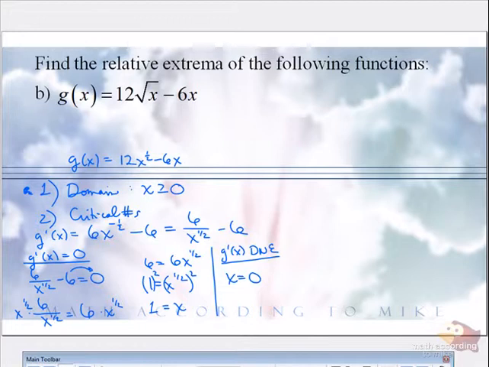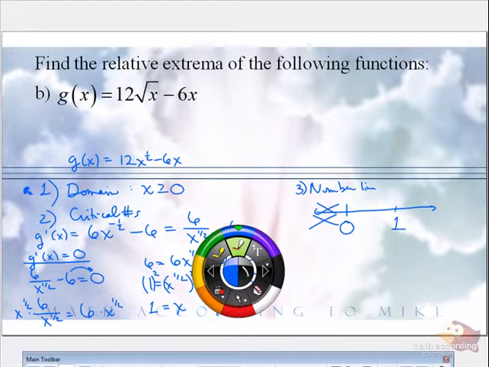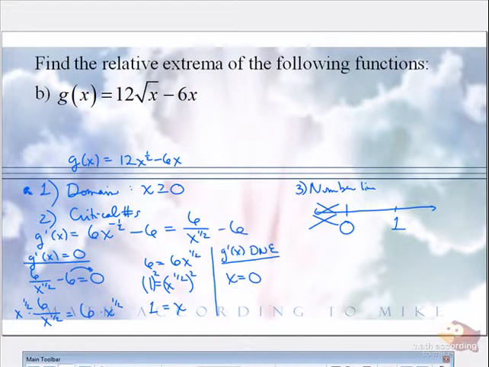3, number line. So again, due to step 1, we do not need anything to the left of 0. So I'm just going to put x's there. We don't want this. So I need a number between 0 and 1. Sure, and I need a number to the right of 1. 2 it is. Where are we going to put these numbers?